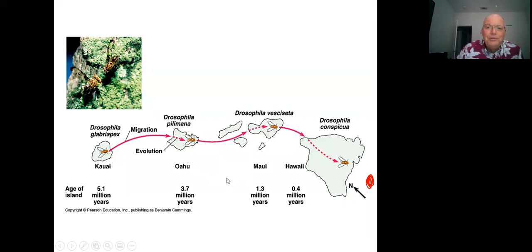And from that point onwards, the native animals in Hawaii have always been under threat, and some of them have gone extinct, unfortunately.